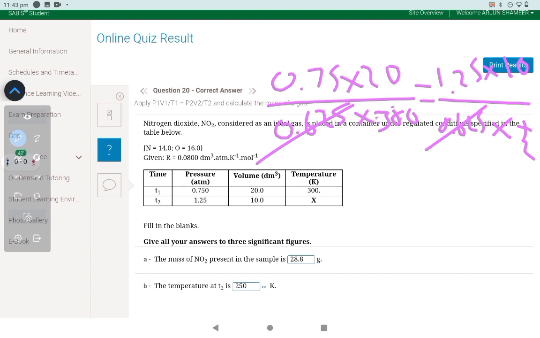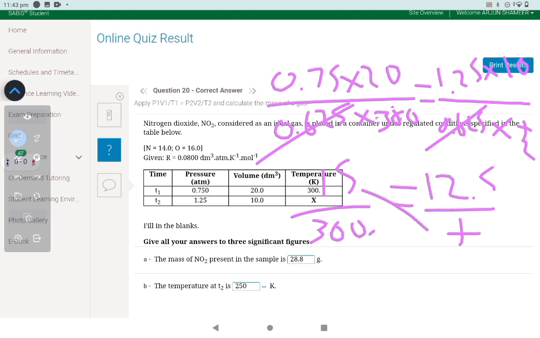Okay, we have 0.75 times 20, which is 15, over 300 is equal to 12.5 over T. We cross multiply again. 300 times 12.5, now divide that by 15, we get 250. Yes, we get T2 is equal to 250. Okay, that's it for this.